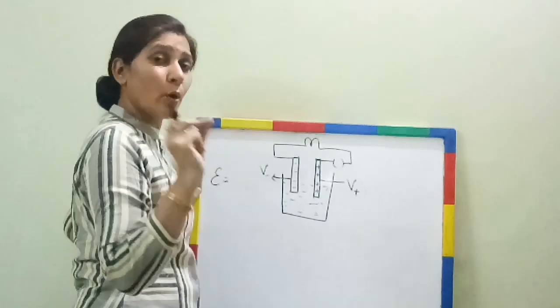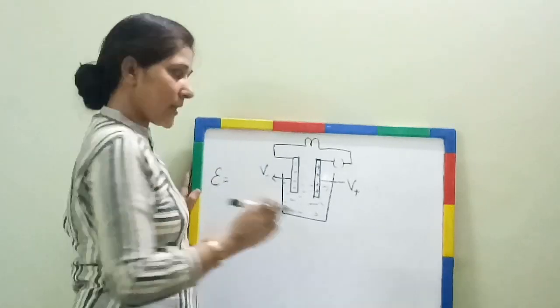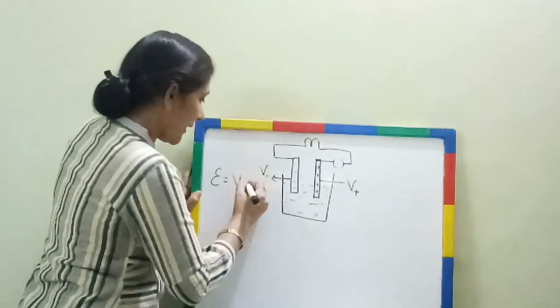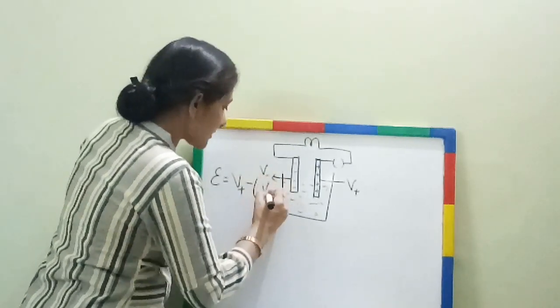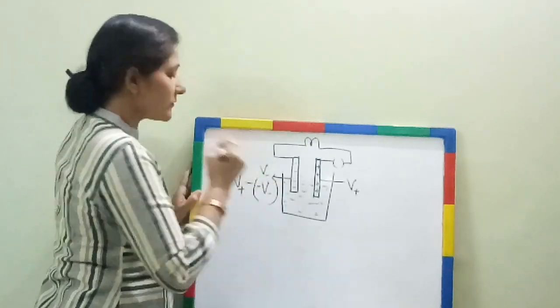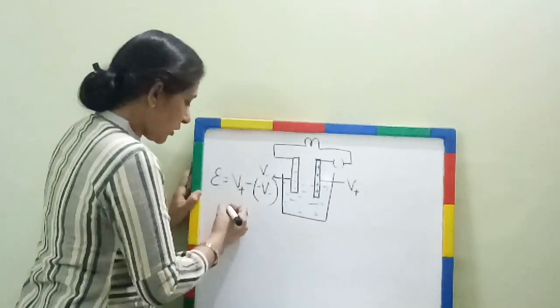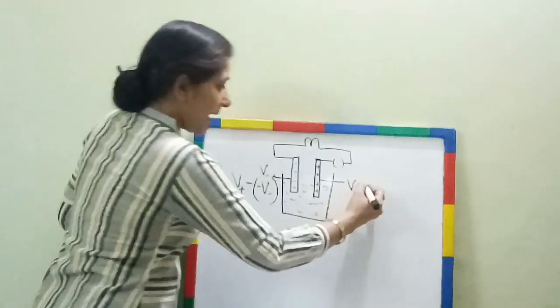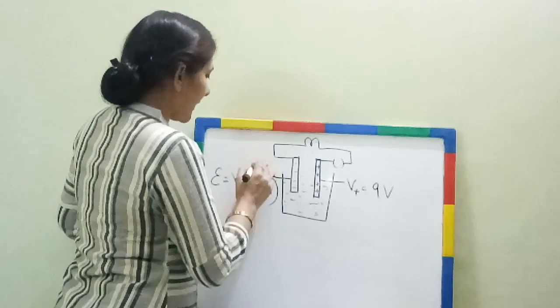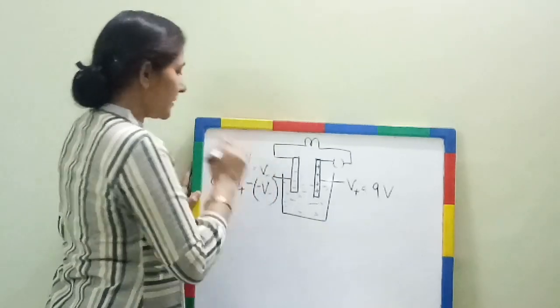Okay, when no current is drawn from the cell. So if V positive is potential at one end and V negative is the potential at another end. Whenever we are talking about negative charge, a negative sign will always come with it. So what will be the total answer? Suppose at this one 9 volt is the potential, and at this one 3 volt is the potential.